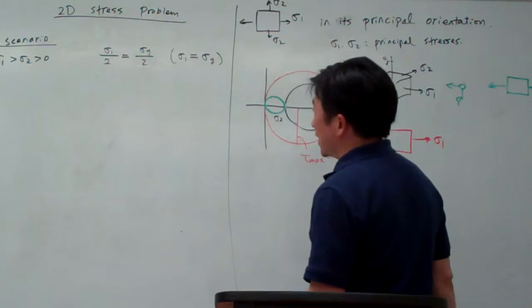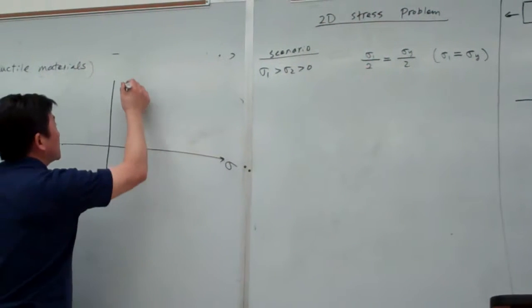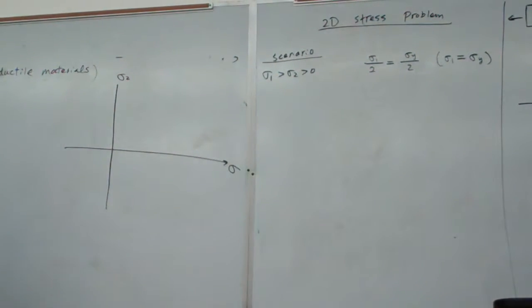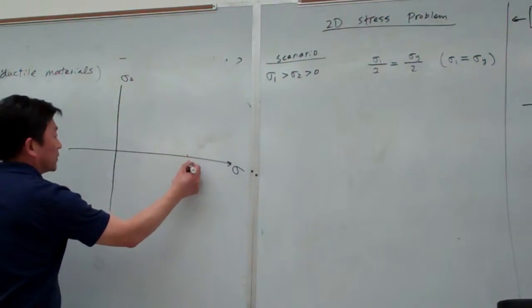Why wouldn't it just be less than or equal to? Yes, let me draw this one quickly here. I want to draw the boundary beyond which the risk will be there. So let me put the drawing in here. So this is the sigma 1, sigma 2 space. So for the first scenario, the boundary is here, the sigma 1.